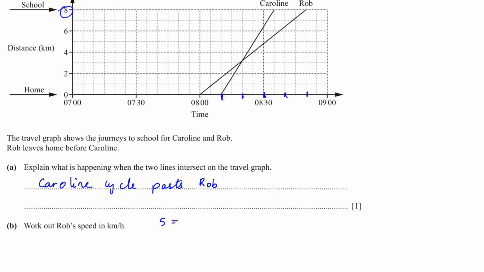To find speed, we use the formula distance over time taken. We can write it as speed is equal to distance divided by time. Distance is 8 kilometers and time is 50 minutes, but we have to change it to hour, therefore we divide it by 60. And this will give you 9.6 kilometer per hour.